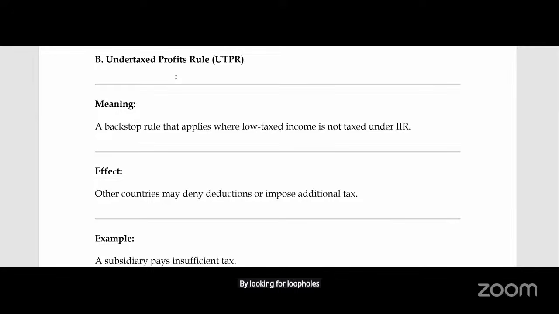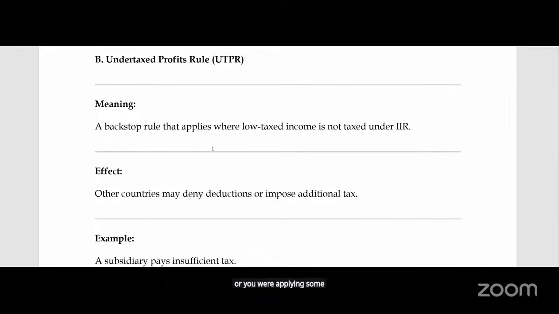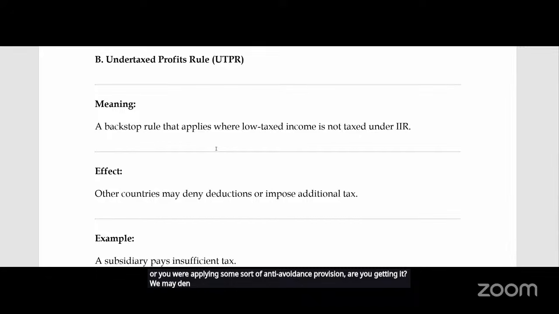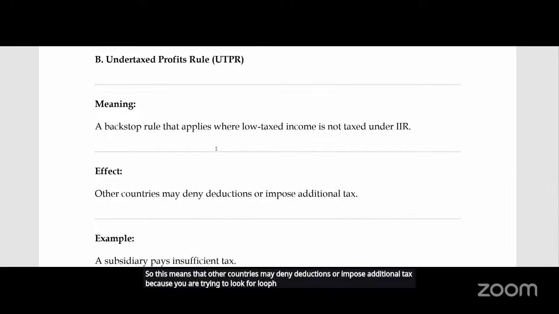If we see that the income you had was not taxable, or you were applying some sort of tax avoidance provision, we may deny you that low tax rule. Other countries may deny deductions or impose additional tax because you are looking for loopholes. Under the undertaxed profits rule, we will not allow you deduction. We will deny you. Do you get it?